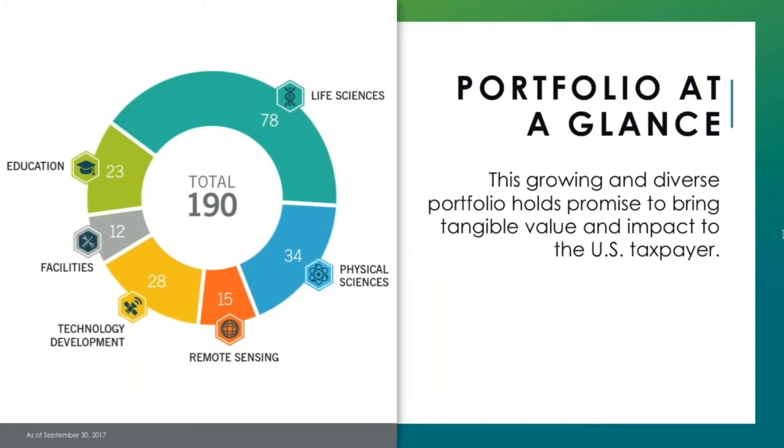Over the past 6 years, there have been 190 projects that CASIS has fostered and put onto station. During that same period of time, we've had 108 peer-reviewed publications, which is an important measure of the productivity and the validation of the results in the scientific and engineering communities.